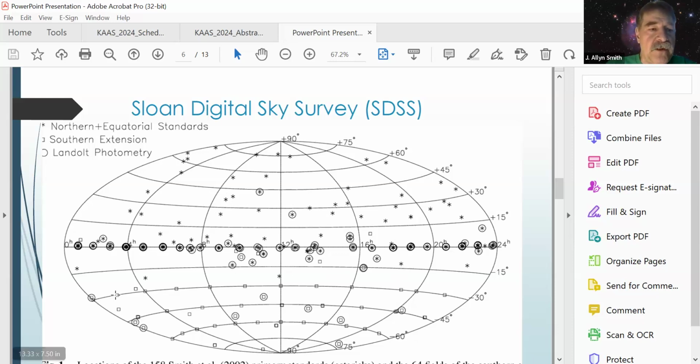In the southern hemisphere, which has an extension, the open squares are places that we started observing. Again, the circles have Landolt photometry, and the ones at -45 degrees also have Graham's photometry in it, based on the Landolt system.